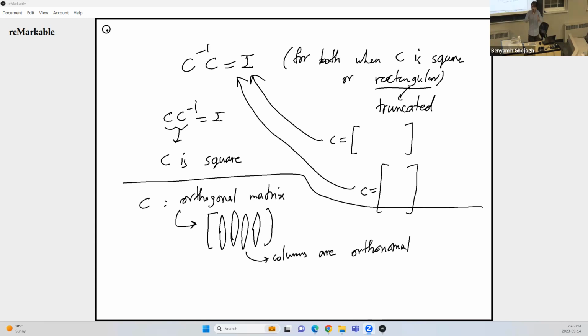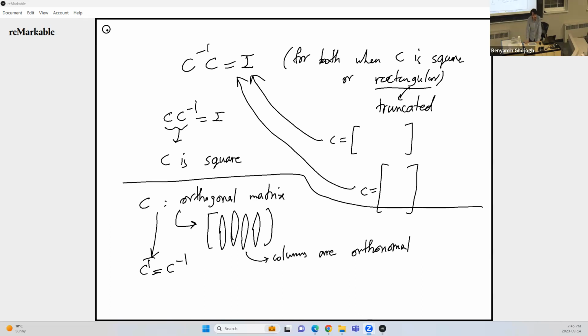When two vectors are orthonormal, each of them has unit length, and their inner product is 0. In other words, they are unit vectors which are perpendicular to each other, right? So when columns are orthonormal, meaning they are orthogonal and also normal, we call the matrix orthogonal. When the matrix is orthogonal, then C transpose equals C inverse.